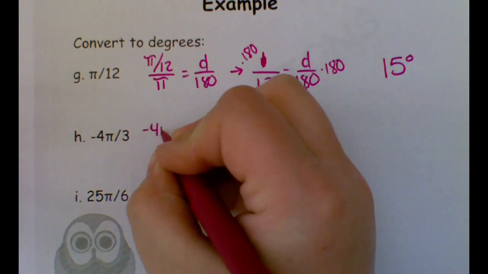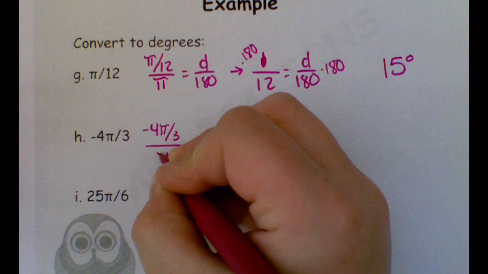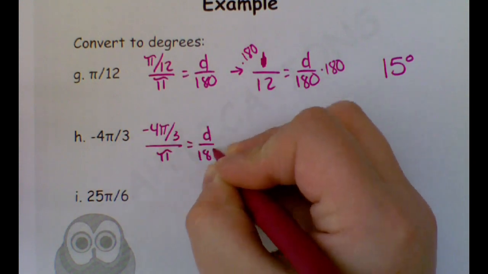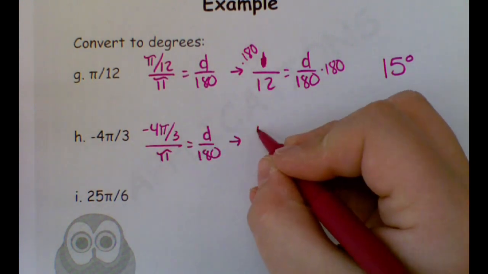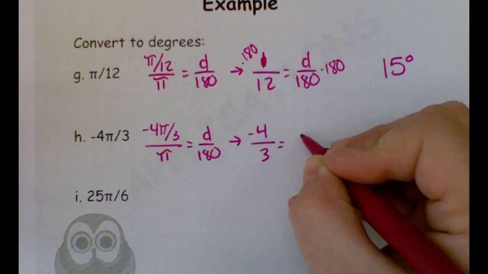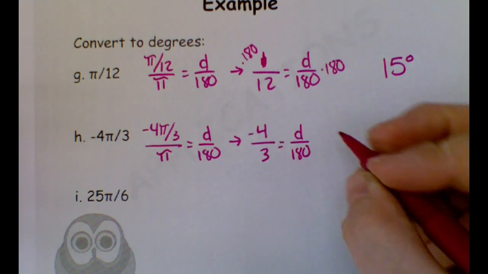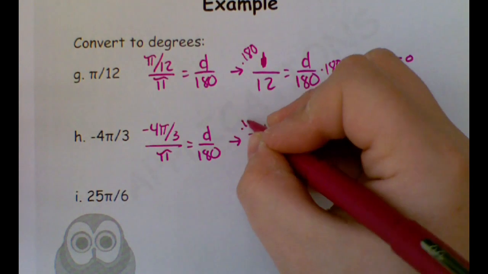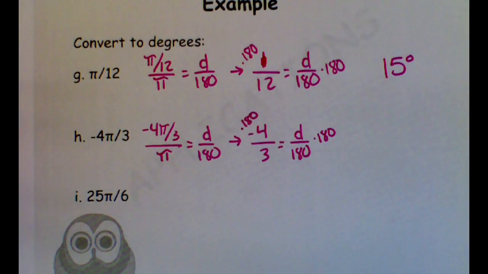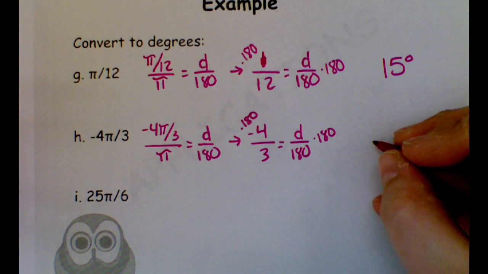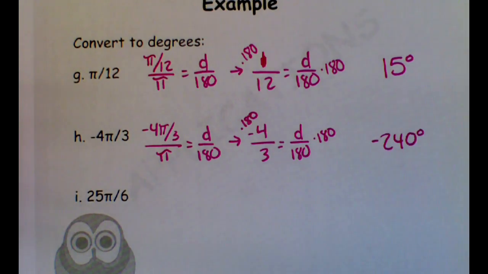Negative 4 pi over 3 over pi equals degrees over 180. Cancel those pi's, we get negative 4 over 3 equals degrees over 180. Multiply by 180. We get negative 240 degrees.